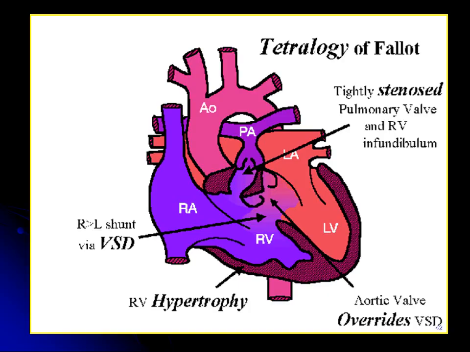This is due to the presence of the pulmonary stenosis. The right to left shunting anomaly is accompanied by cyanosis that becomes manifest early at birth. The right ventricular hypertrophy comes in order to overcome the pressure gradient against the obstructed pulmonary outflow tract.